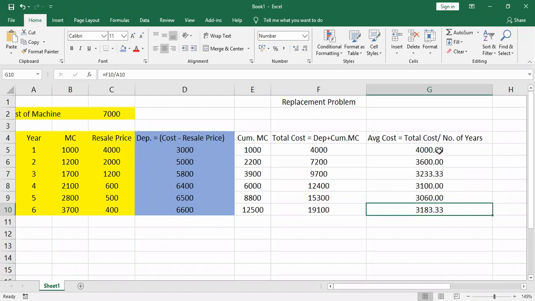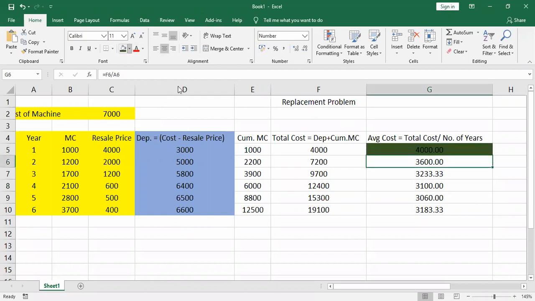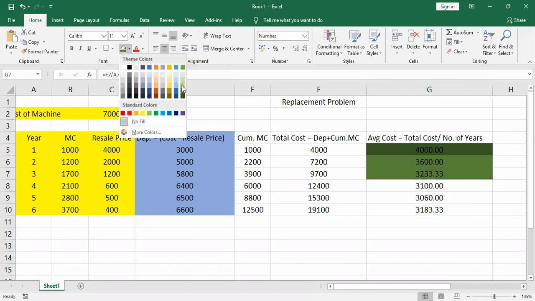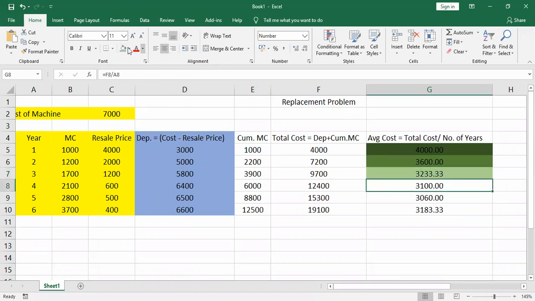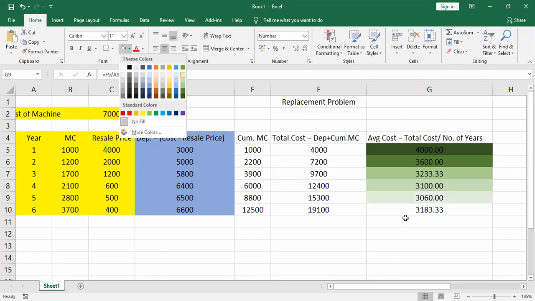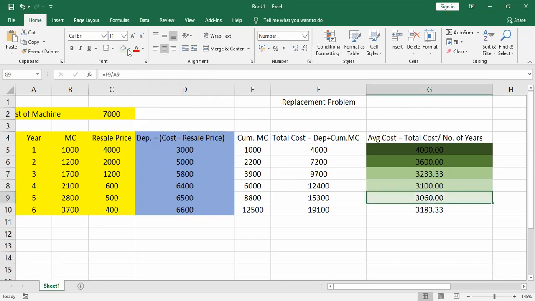So you can see the average cost is going down. You can easily see it. And what is the minimum cost? 3,060 is the minimum cost, right?